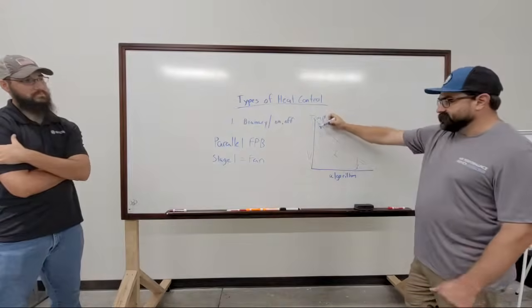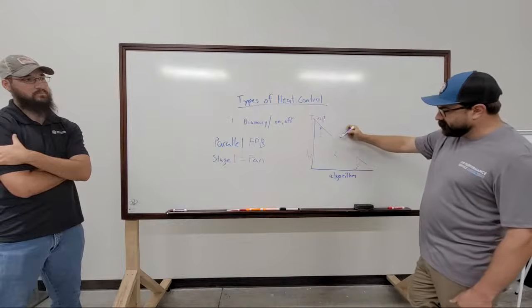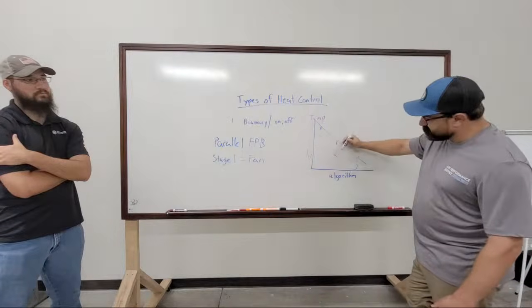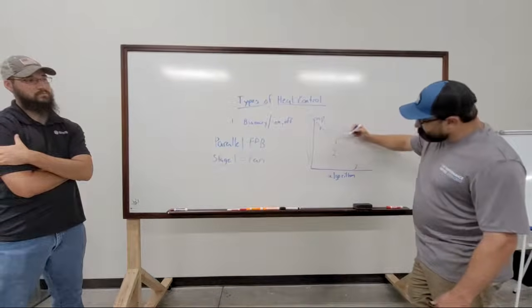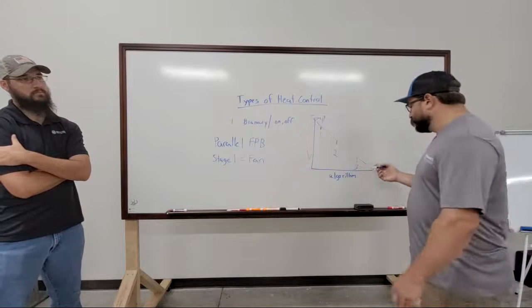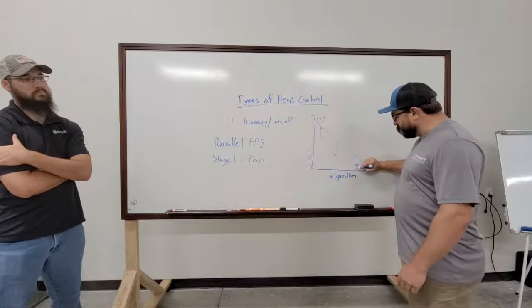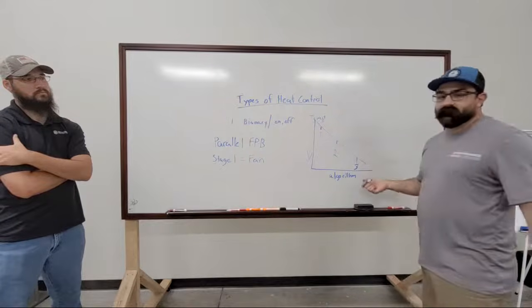As the temperature continues to drop, we would then bring on additional heating, which may be your first stage of electric heat, or it may be your second stage of electrical heat, depending on how it's programmed. And then as temperature continues to drop, we would then bring on the third, fourth, fifth, whatever it is you have.